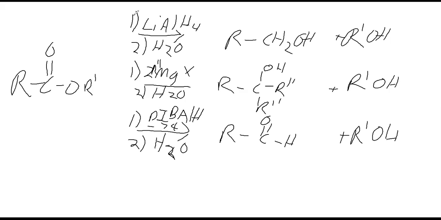Now there's one other reaction we can do with this, and that is if I have an alcohol and acid in the same compound, we can form a cyclic lactone by acid hydrolysis.